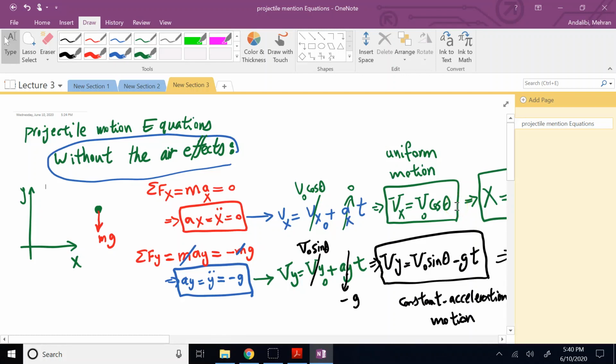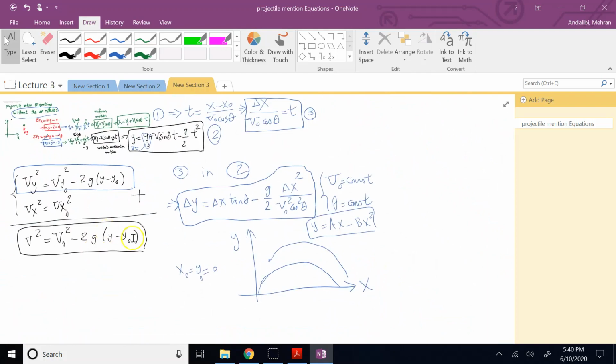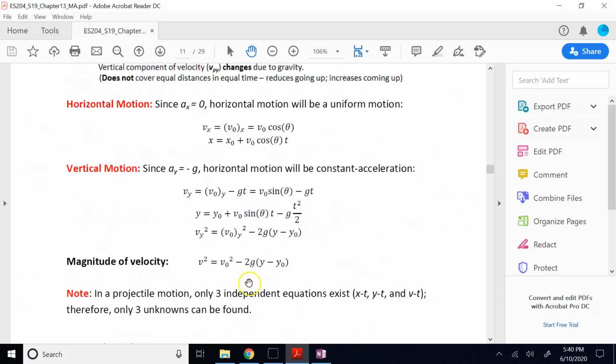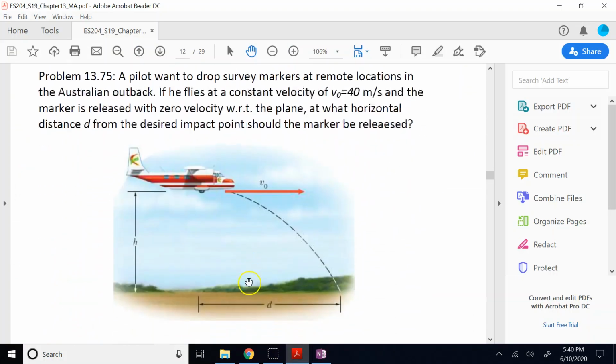So you're going to get highly nonlinear second order ODEs, and it is not going to be so easy, as I said, to integrate.